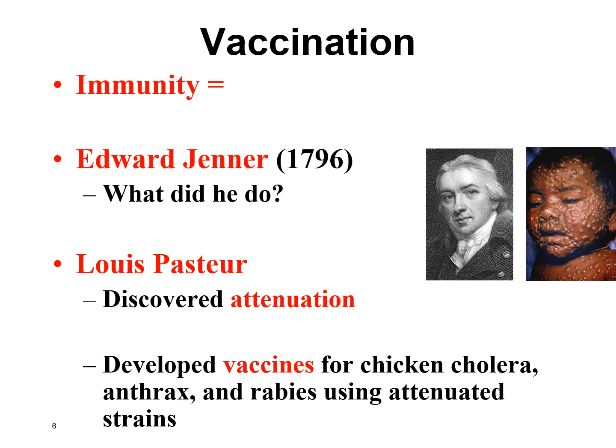And then that would make it so the individual's immune system could fight them off much easier, and they'd develop immunity and wouldn't get sick. And so he developed vaccines that way for chicken cholera, anthrax, and also for rabies by using this method.